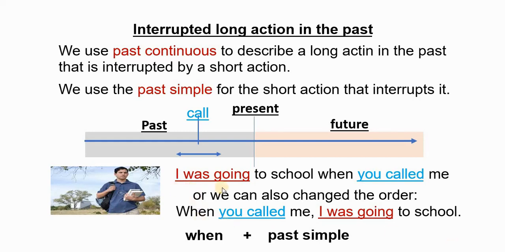I was going to school when you called me. Or you can change the order. When you called me, I was going to school. So again, these two sentences, guys, are both correct, and they both mean exactly the same thing.